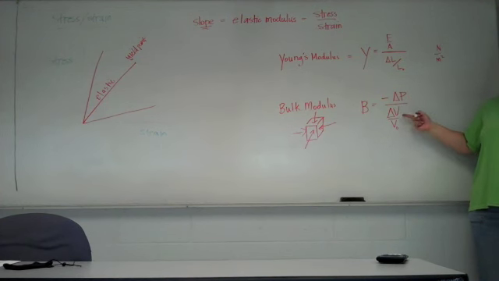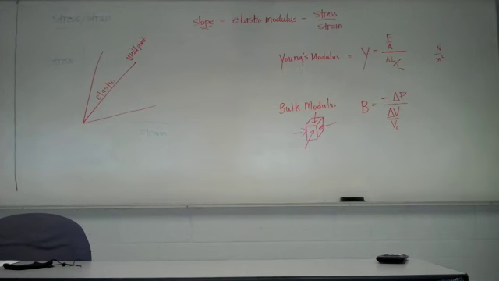As pressure gets bigger, delta V will get smaller. But again, delta V over V naught, meters cubed over meters cubed, strain still has no units. Pressure, still newtons per meter squared. So regardless of the type of modulus, the units are newtons per meter squared.